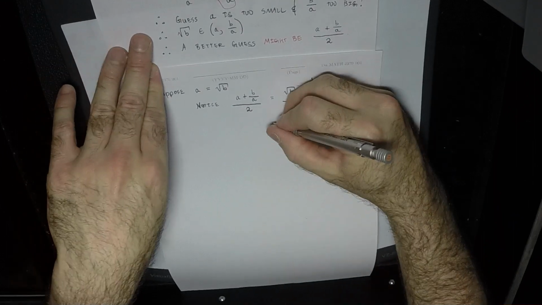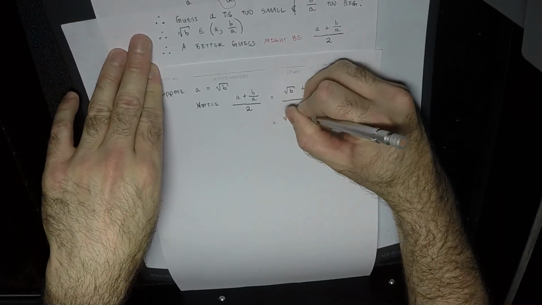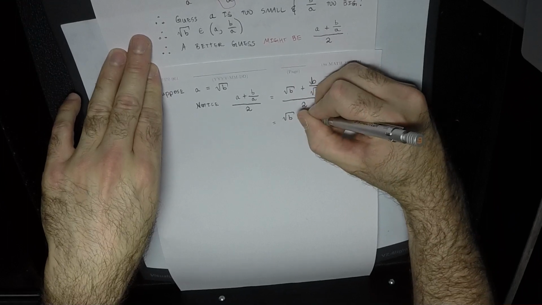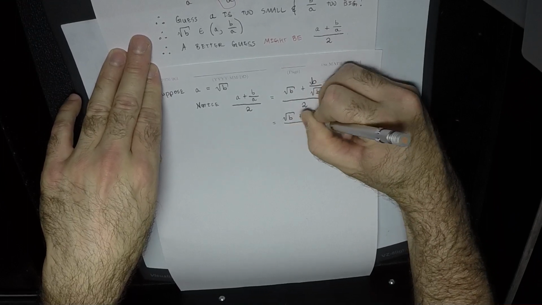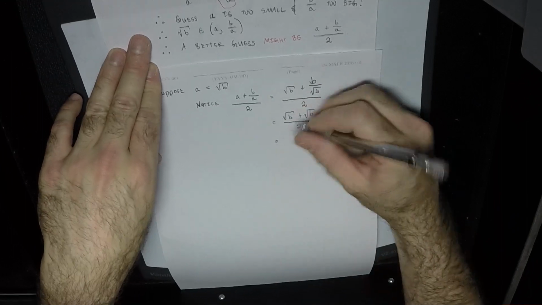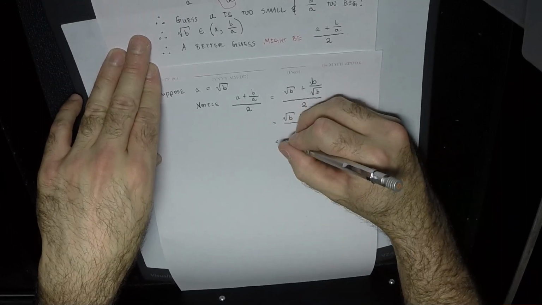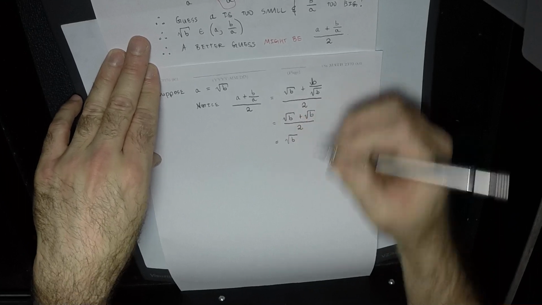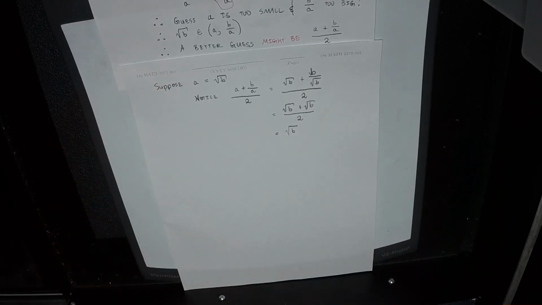Square root of B. So there's 2 of them, so that cancels and you just get the square root of B. So if we use that formula, A plus B over A, and then divide by 2, the midpoint of that interval, to get a new guess, if we happen to have guessed correctly in the first place, then we'll still have the correct answer, right?